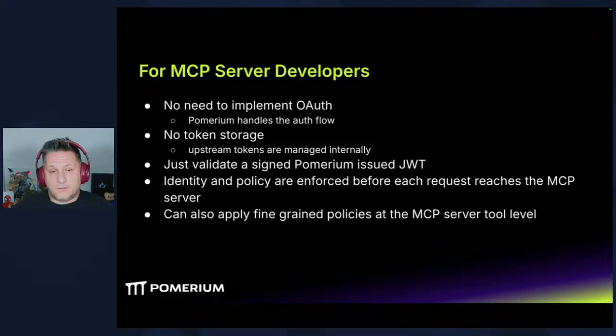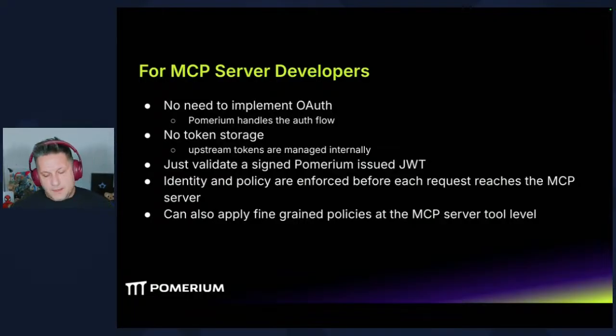We were talking about GitHub before with the repo scope. Maybe I have a GitHub MCP server where I need to access GitHub as well, so I have to go through that whole OAuth flow as well. And the nice thing with the open source offering is that even that upstream OAuth flow is handled through Pomerium's identity aware proxy.